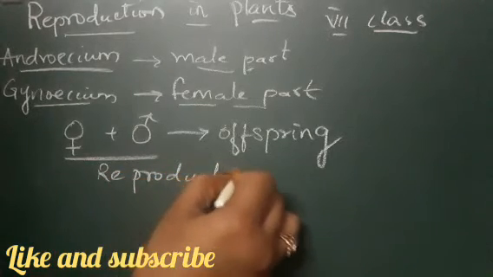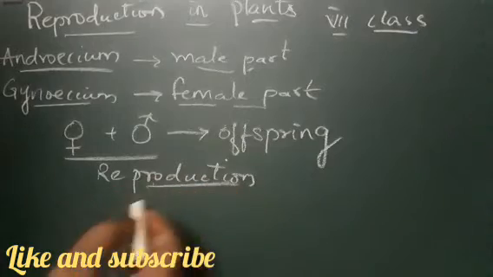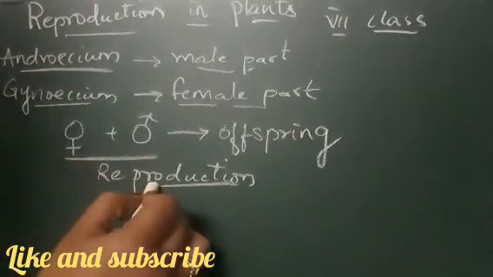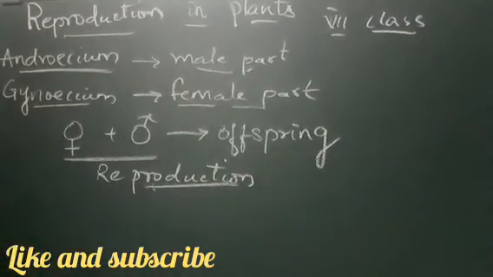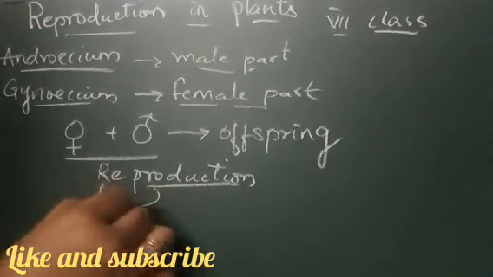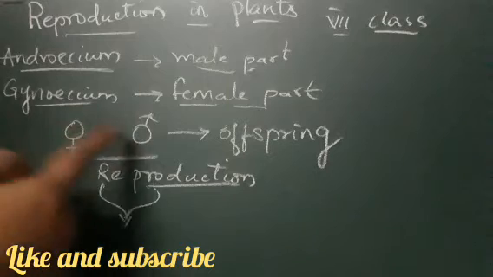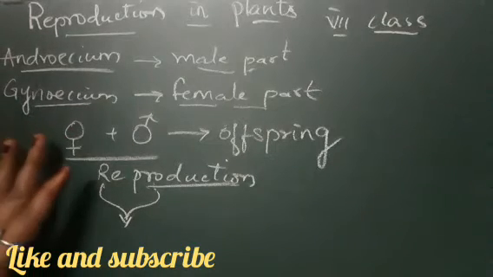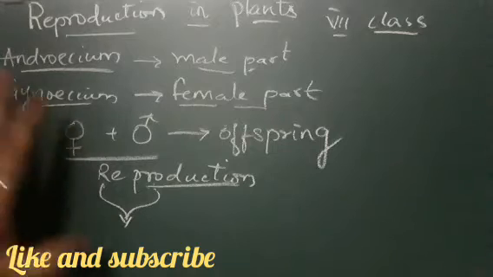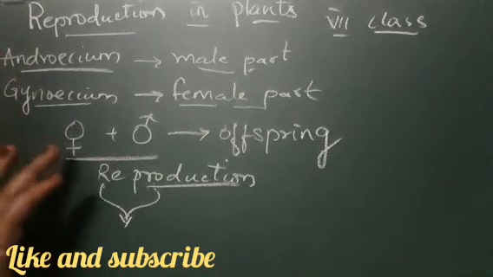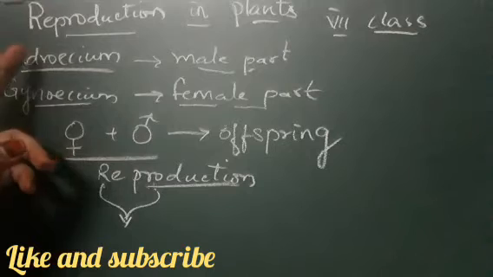Reproduction means producing the same generation, the same organism, by the combination of gametes of the same organisms and giving a new offspring of that same organism.